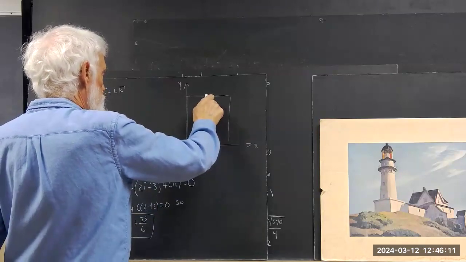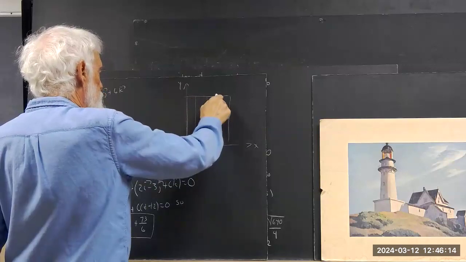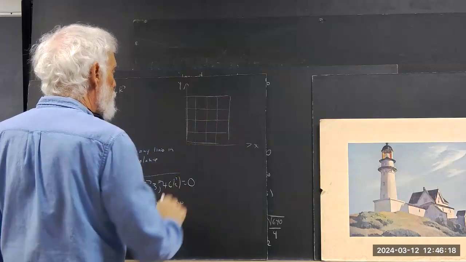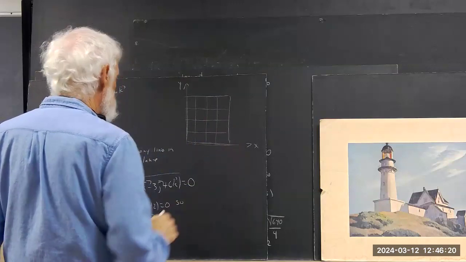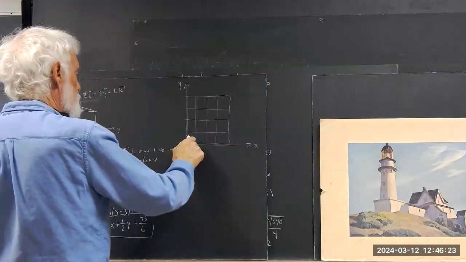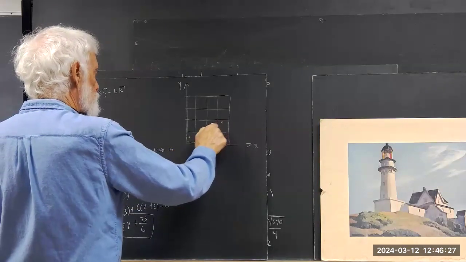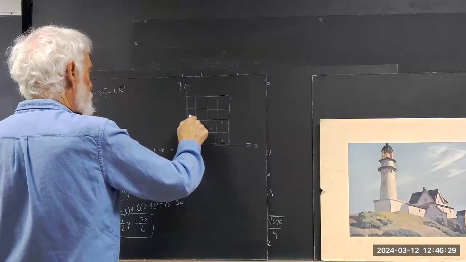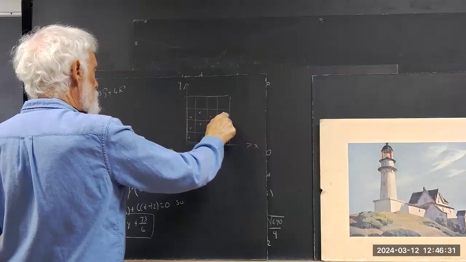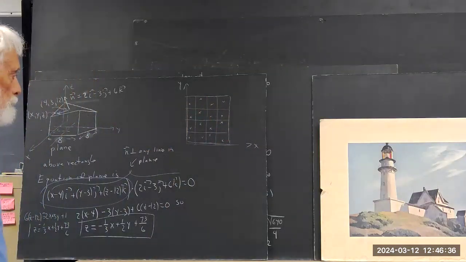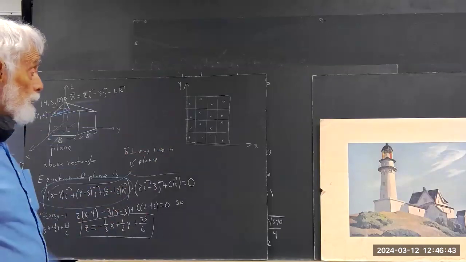And I'm going to divide it up into 16 smaller squares. And then I'm going to pick a point in each square. Okay, that looked pretty good. And we're going to evaluate Z at each of those points.